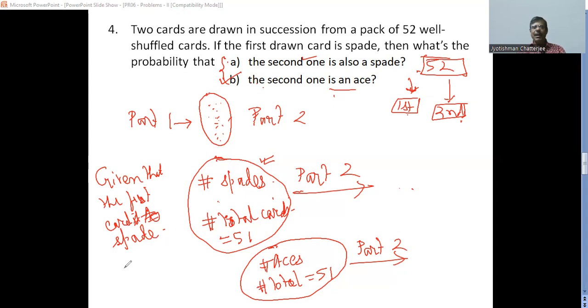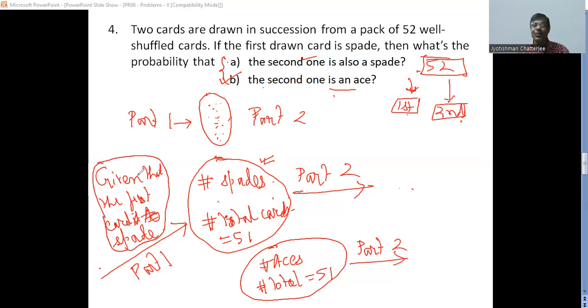Once that is given, we are trying to find out after part 1, which configuration it leads to. After part 1, now, about part 1, we don't know the exact outcome, but we know that the outcome is a spade.